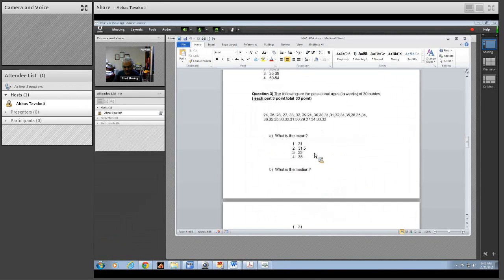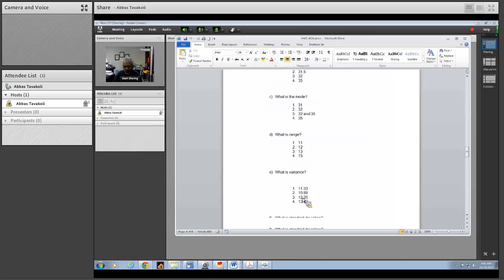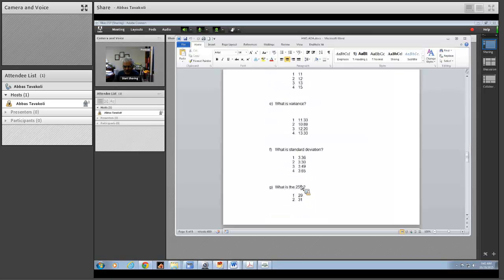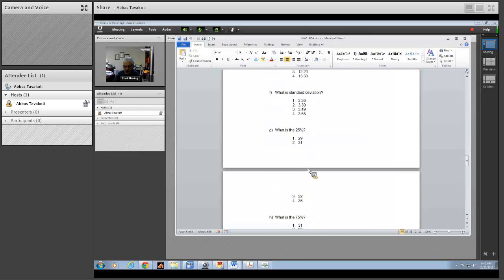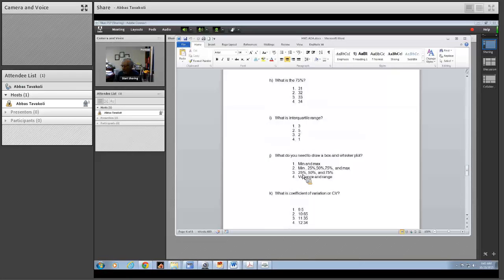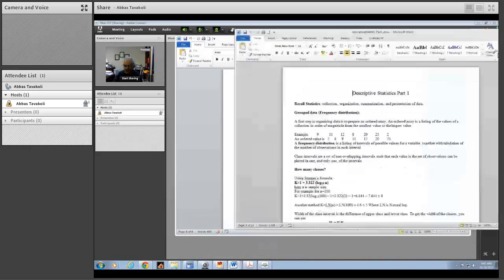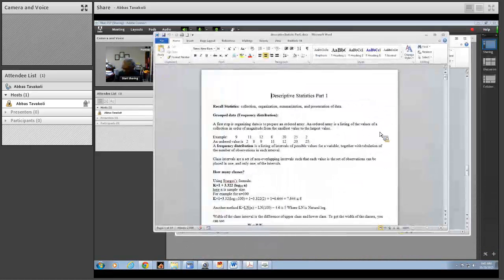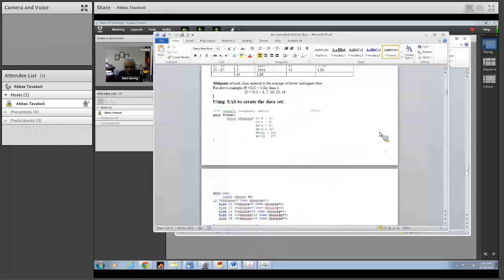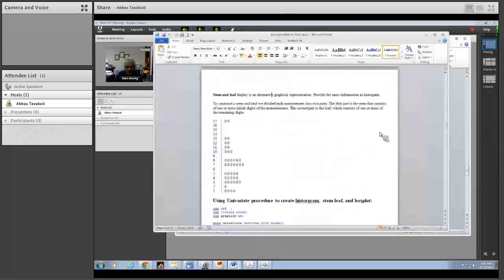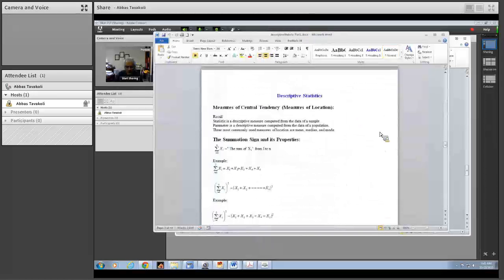Question 3, I asked you to calculate the mean, the median, the mode, the range, the variance, and standard deviation, 25th percentile, 75th percentile. For all of these questions, you have examples in your handout that you can use.